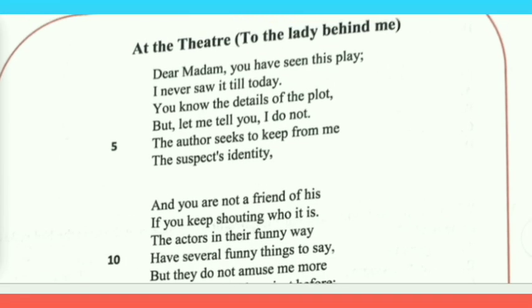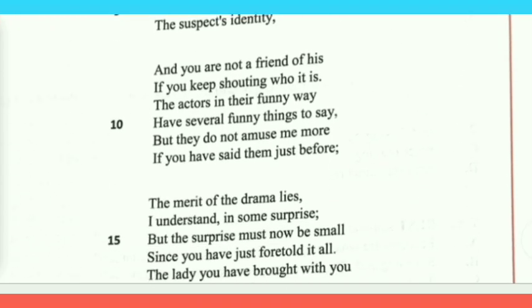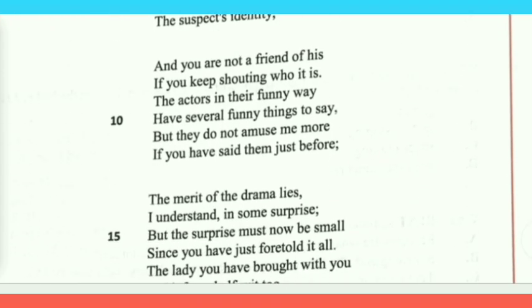At the theater, to the lady behind me. Dear madam, you have seen this play? I never saw it till today. You know the details of the plot, but let me tell you, I do not. The author seeks to keep from me the suspect's identity. And you're not a friend of his if you keep shouting who it is.